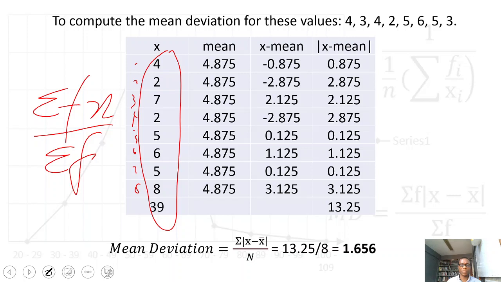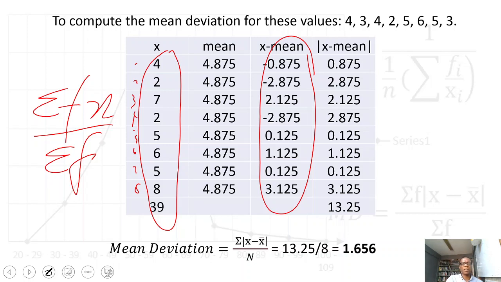Remember, we were talking about the difference between the values and the mean. And so we will need to compute x minus x bar. That is each observation minus the mean, and that's what we have in this column here. After doing that, we will now need to find the absolute variations. By absolute, it means that we're talking about the absolute difference, taking away the negative signs.